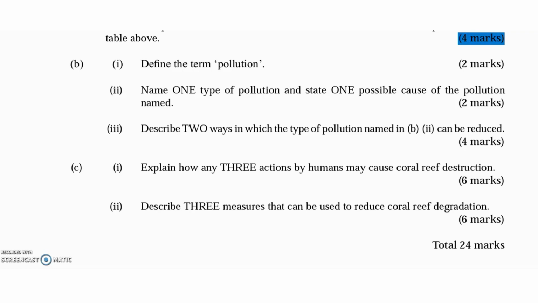The cause can be related to industrial activities, and the cause can also be related to domestic activities as well.